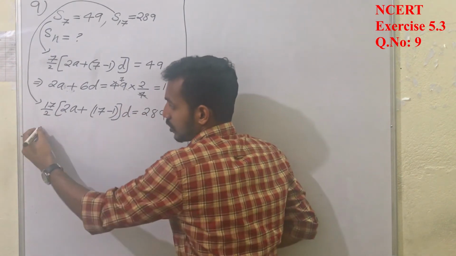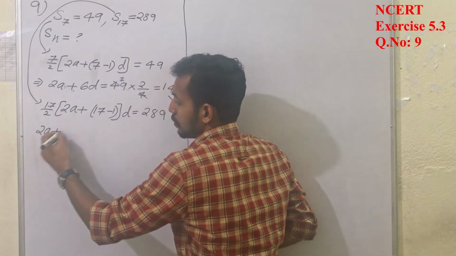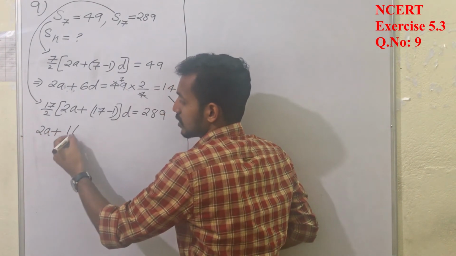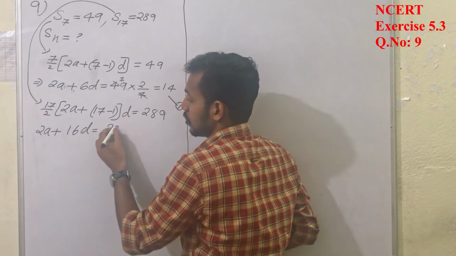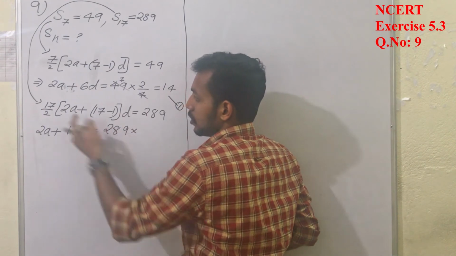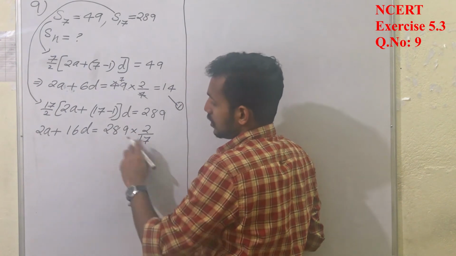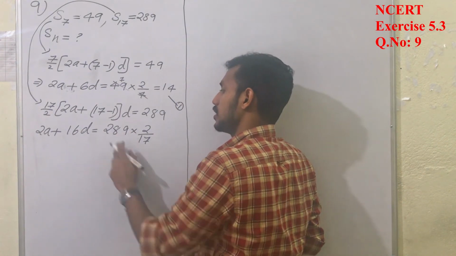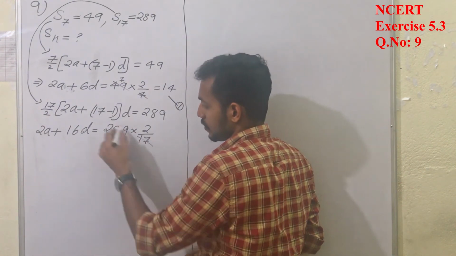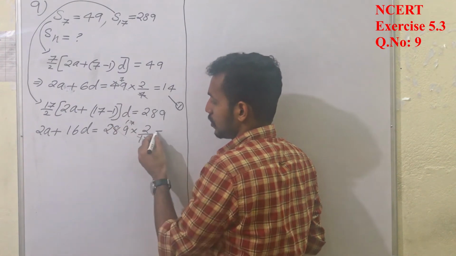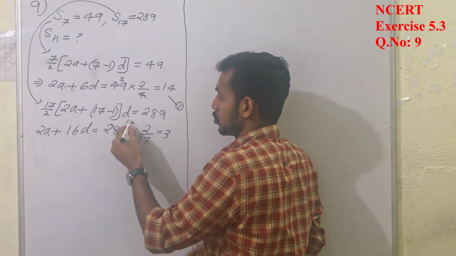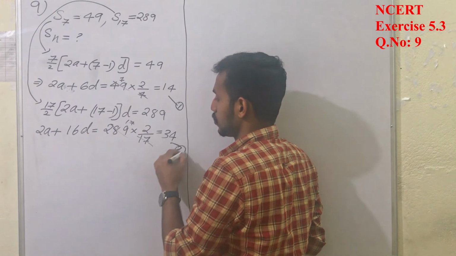Taking 17 by 2 to the right, we will get 2a plus 16d is equal to 218 into 2 by 17. 218 is 17 times... so we can cancel, we will get 17 into 2, 34. Equation number 2.